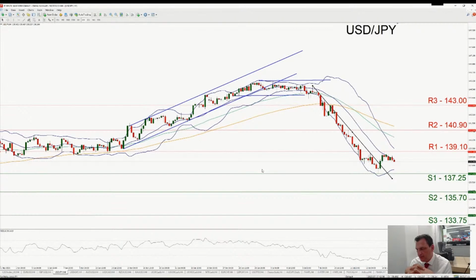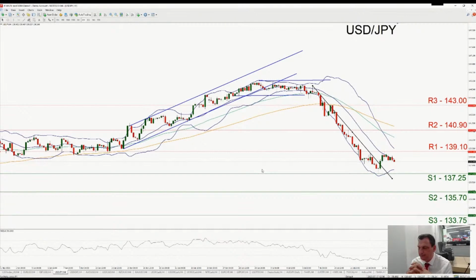But for the time being, I think sideways would be the proper direction. Let's not forget, bearish tendencies could reappear in a given moment. Should the bears take over, we may see the price action breaking the S137.25 and start aiming for the S235.70.